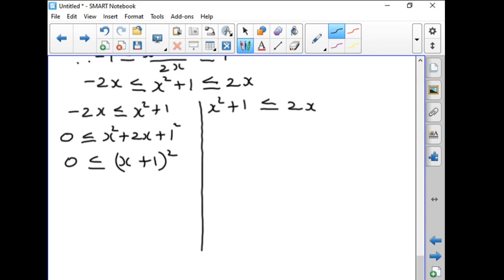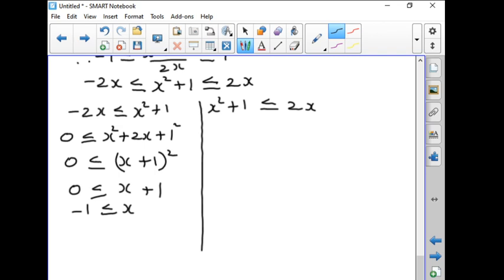So 0 is less than or equal to (x plus 1) the whole square. Then we can write 0 less than or equal to x plus 1. Bringing the plus 1 to this side, minus 1 less than or equal to x.